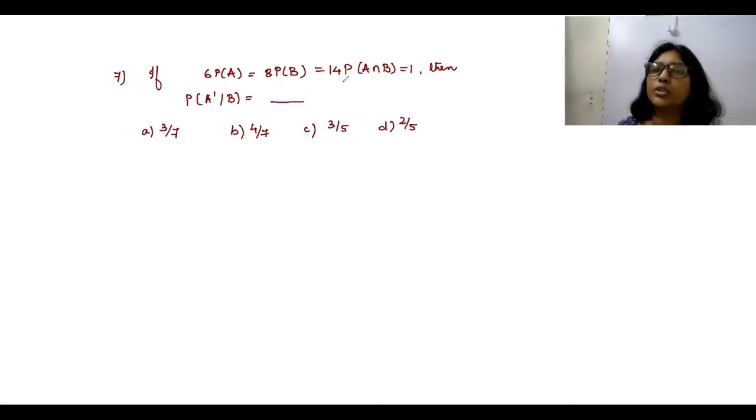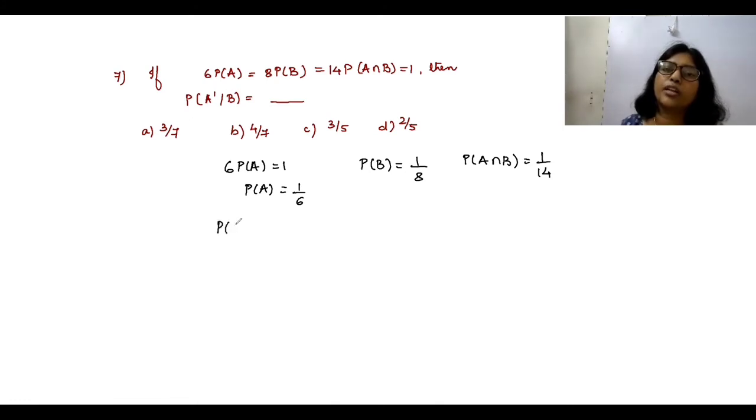Now again we are with a probability question, and we will first write this all equal to 1. The first term equal to 1, the second to 1, and the third also to 1. So we have P of A is 1 by 6. P of B in the same way will become 1 by 8. P of A intersection B will become 1 by 14. And then we have P of A dash given B is what we have to find.